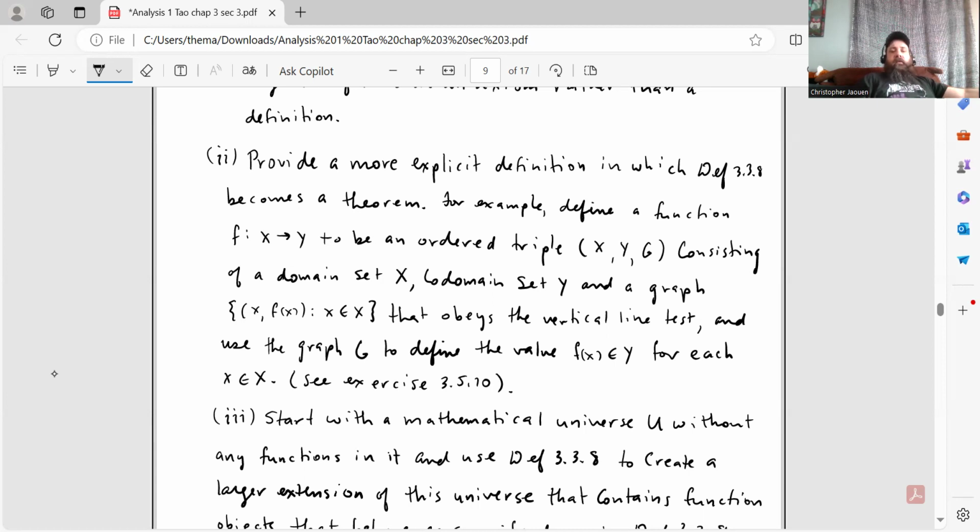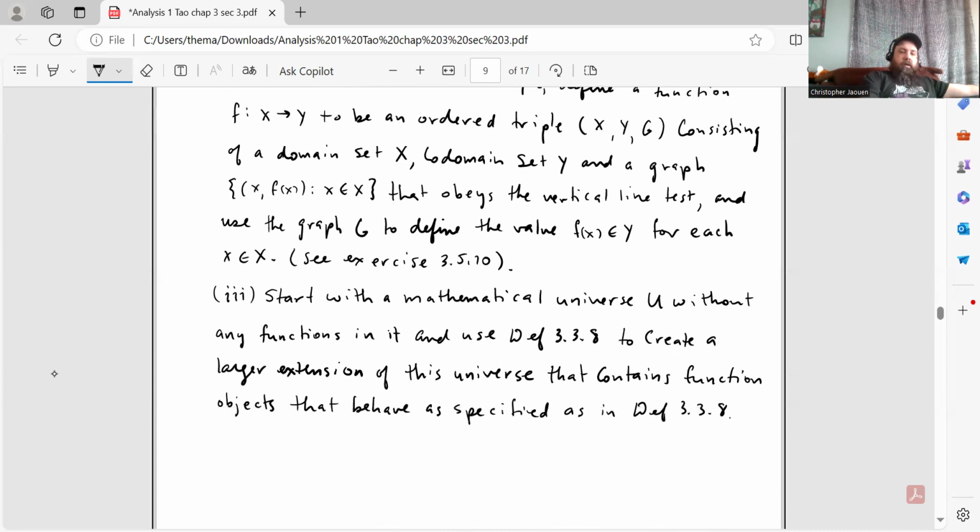And then we could use the graph G to define the value f of x in Y for each x in X. And again, he points us to exercise 3.5.10, which we'll get to in section 3.5, later on down the line.